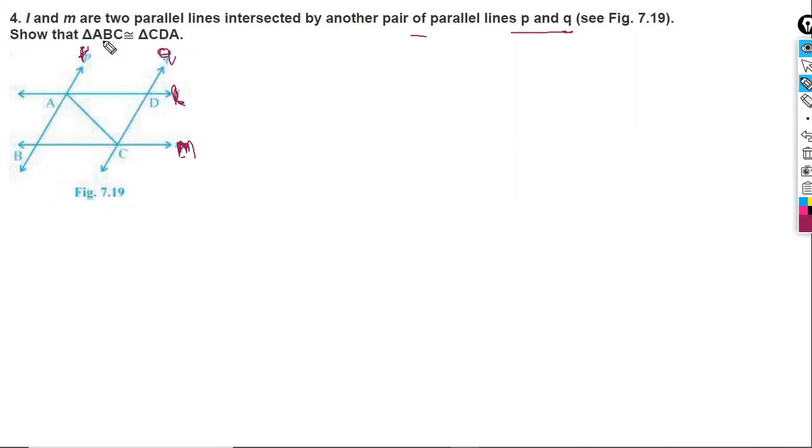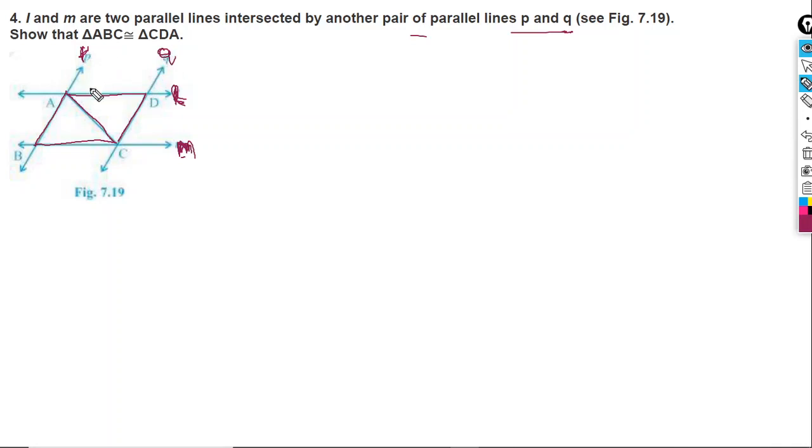So that triangle ABC, what is the figure? Triangle ABC, this triangle ABC, is congruent to triangle CDA. Okay? Now you see, if we can do one thing, here the L line is parallel to M and the P line is parallel to Q and they are intersecting each other.